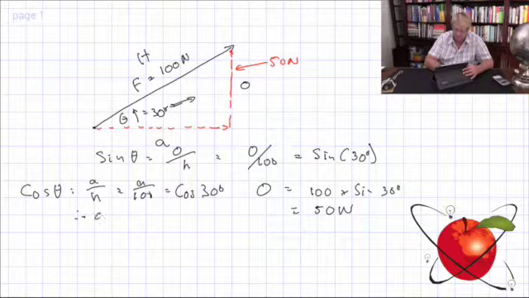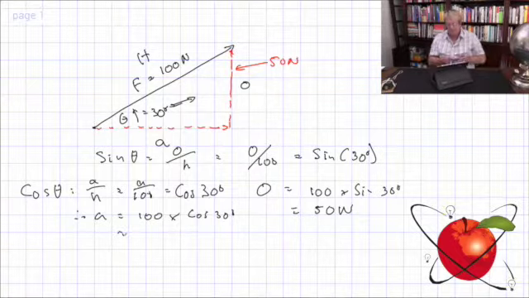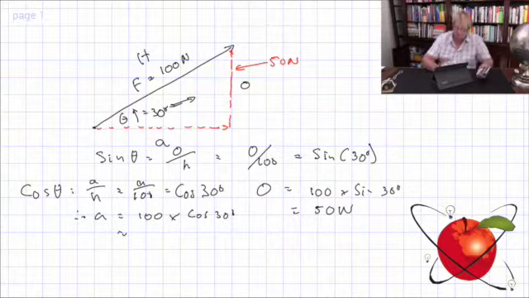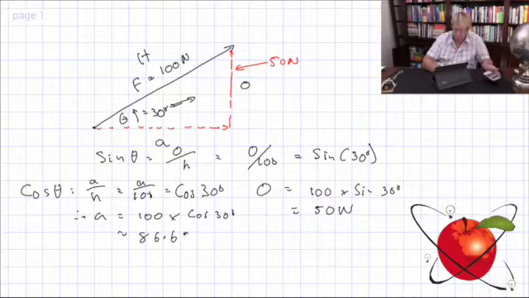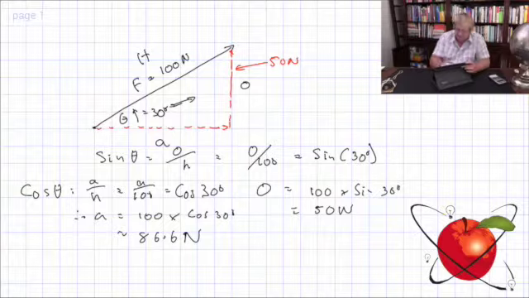Therefore, A is going to be 100 times cos of 30 degrees. If we work that out, 100 cos 30 is equal to 86.6 newtons. Now we can go back to our diagram, and we can say this is 86.6 newtons.